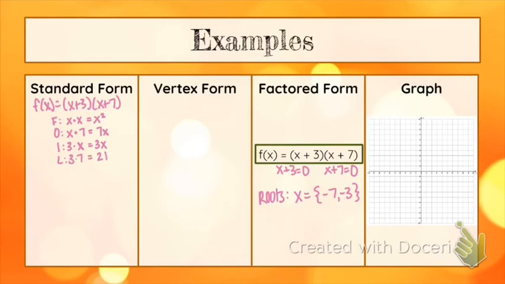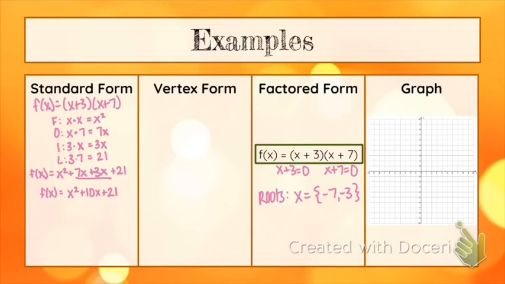Then we add all of those together. And then we can combine like terms to get f of x equals x squared plus 10x plus 21.